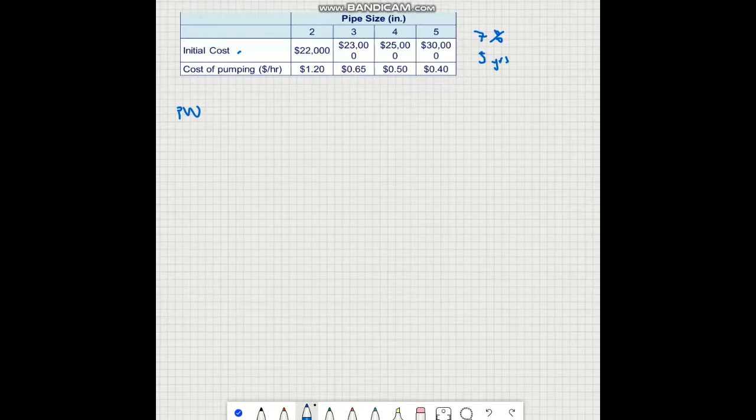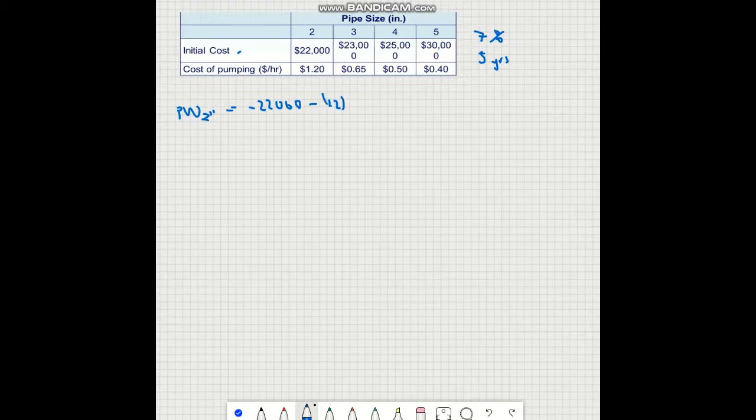So let's see the 2-inch pipe. Present worth of the 2-inch pipe. The initial cost is 22,000, and the cost of pumping is $1.2. Again minus, because it's a cost, 1.2. What do we need to multiply by?